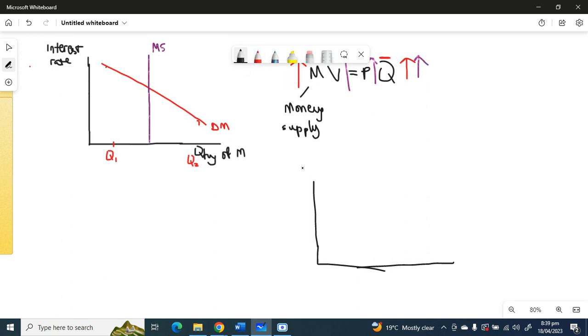Right, so in our aggregate supply, aggregate demand graph, on our y-axis, we have price level. Then on our x-axis, real GDP output.